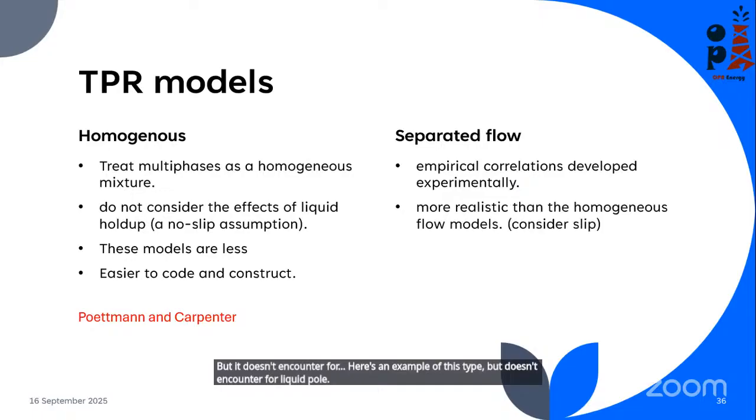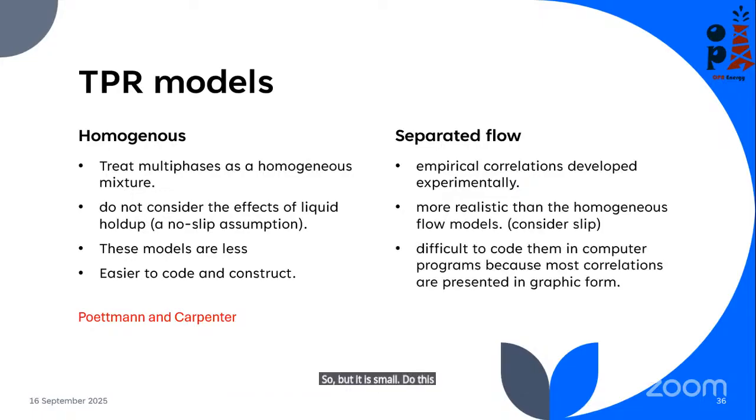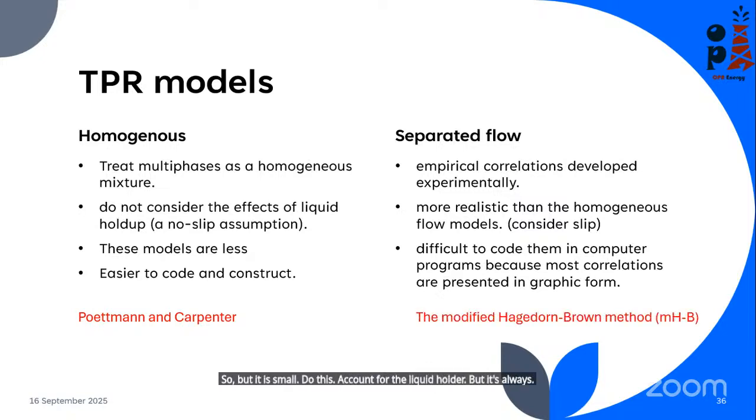Separated flow does account for the liquid holdup, but it's more difficult to code in your software or your Excel sheet. It's a little bit complicated, but now some software gives you these correlations, very easy to use.